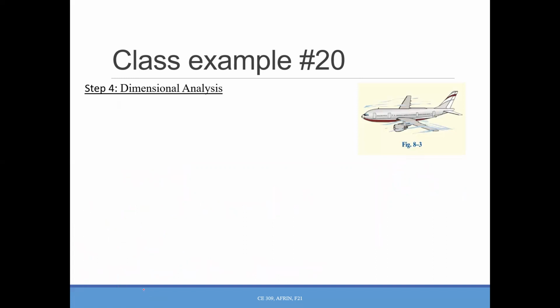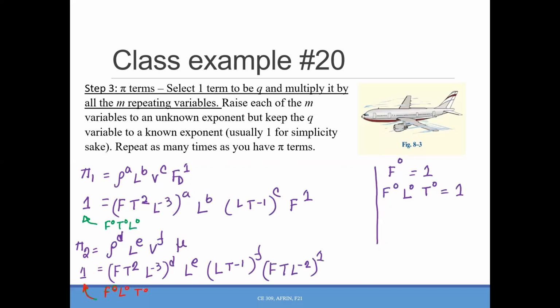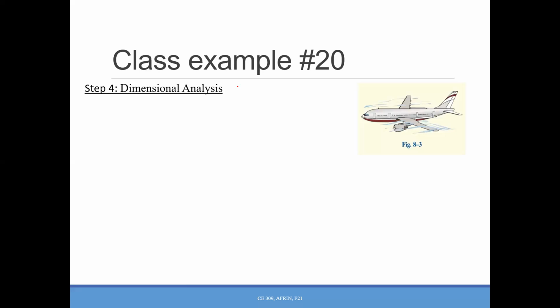Now we will work with step 4. So what we will do, we will just try to find what will be the A, B, C value and D, E, F value. So here I will work with pi 1 first. Okay, so pi 1 was, I will just write it down again.